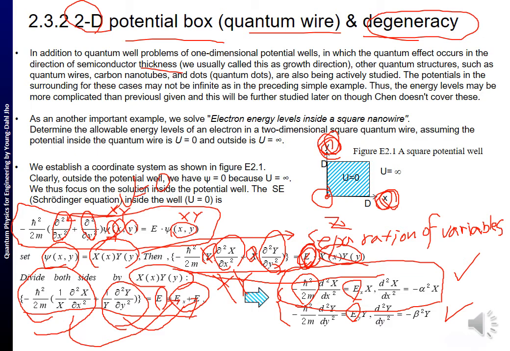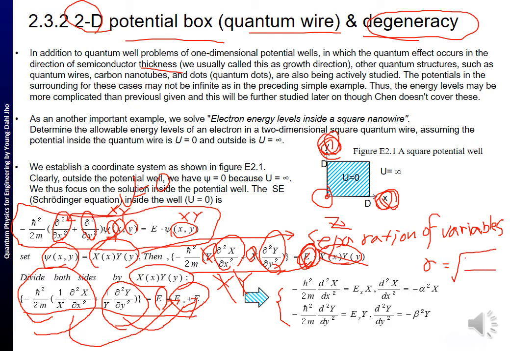We divide both sides by this amount, then we can see that alpha and beta are defined as alpha equals the square root of 2m EX over h bar squared.